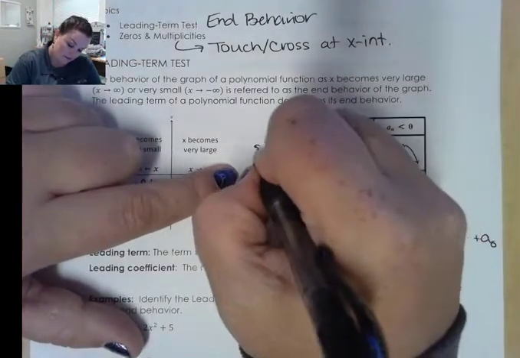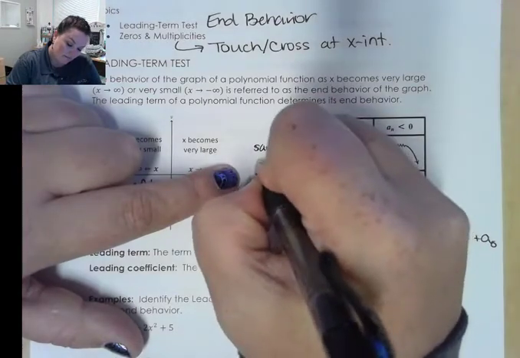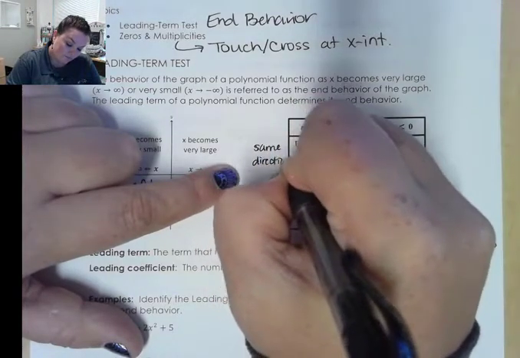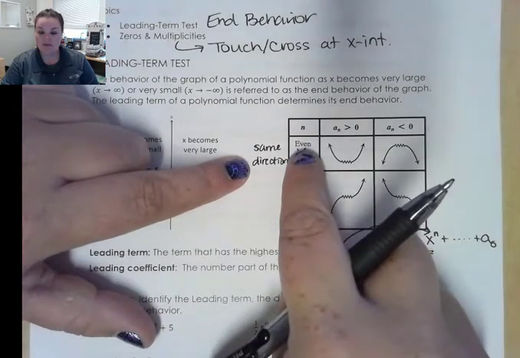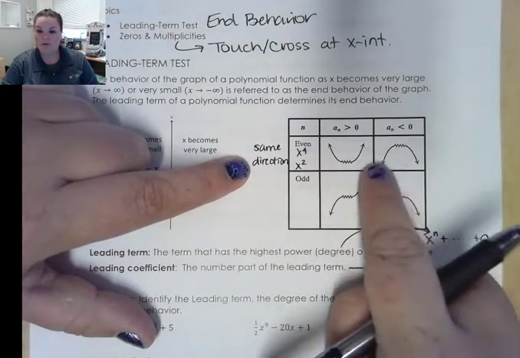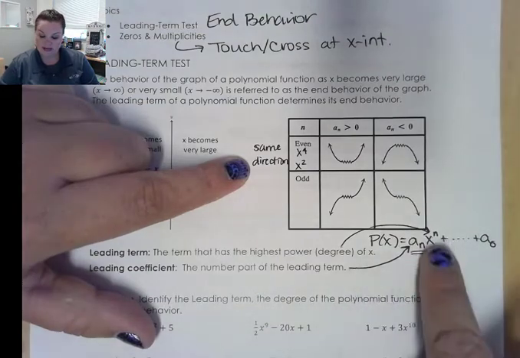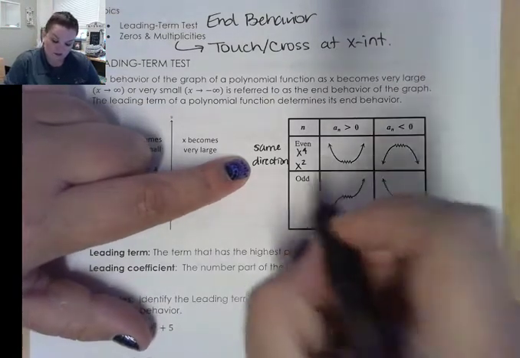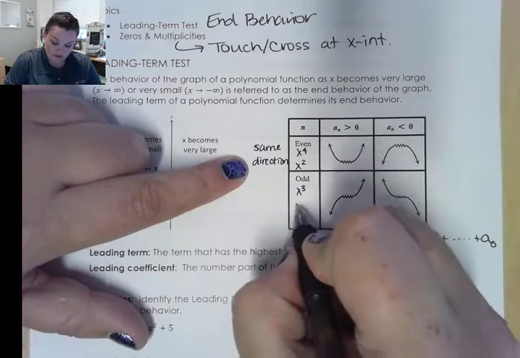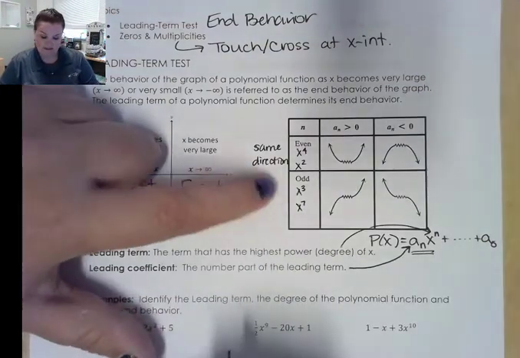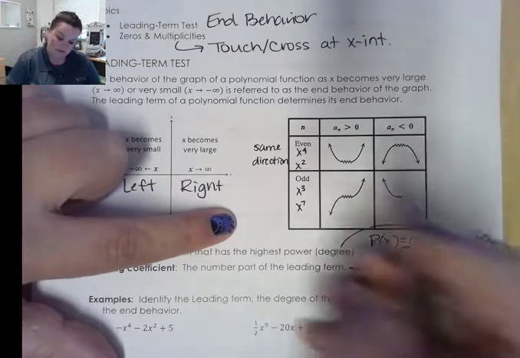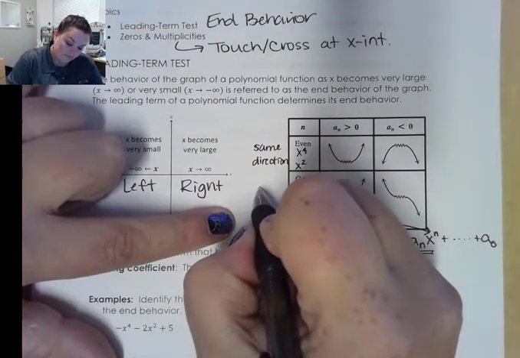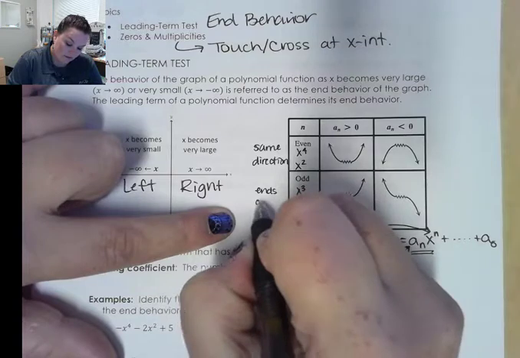So if the degree is even, then notice both ends go up or both ends go down. If the highest power of x is odd, so if we have something like x cubed, x to the 7th, right? It's an odd number, then our ends go opposite directions, okay?